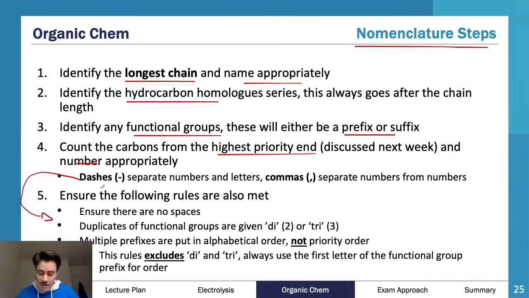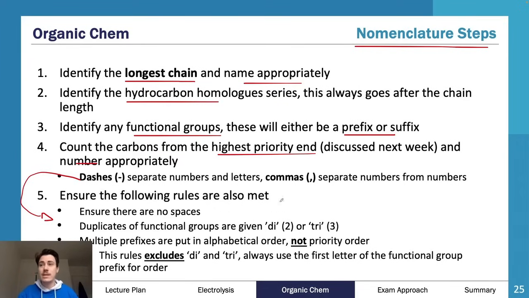When you are writing out the name of something, if you have a number, so 2-methyl, it goes 2-methyl. Really important. Now, if I have 2 of something, so let's say I've got 2 side chains, a methyl group at the 2nd carbon and a methyl group at the 3rd carbon, I know that I'm going to have to do dimethyl. But between the 2 and the 3, there needs to be a comma.